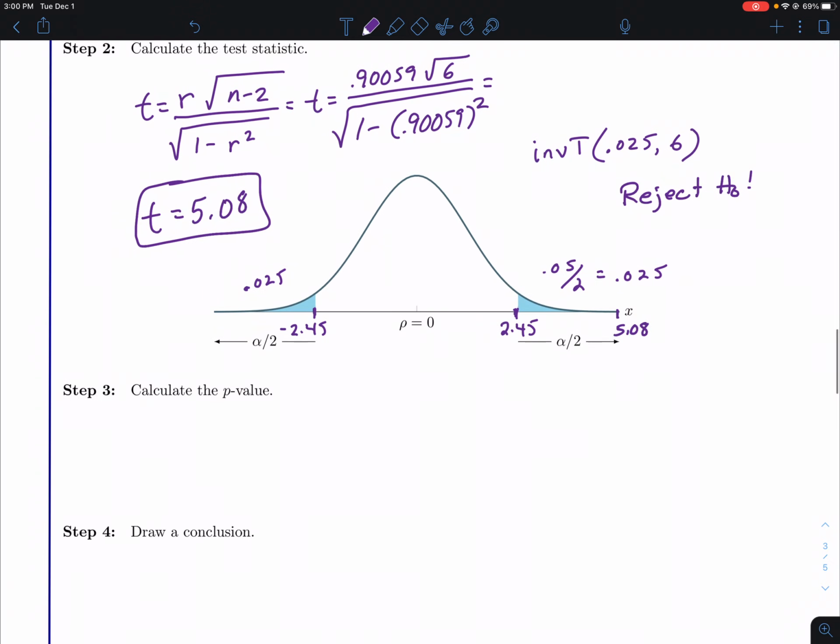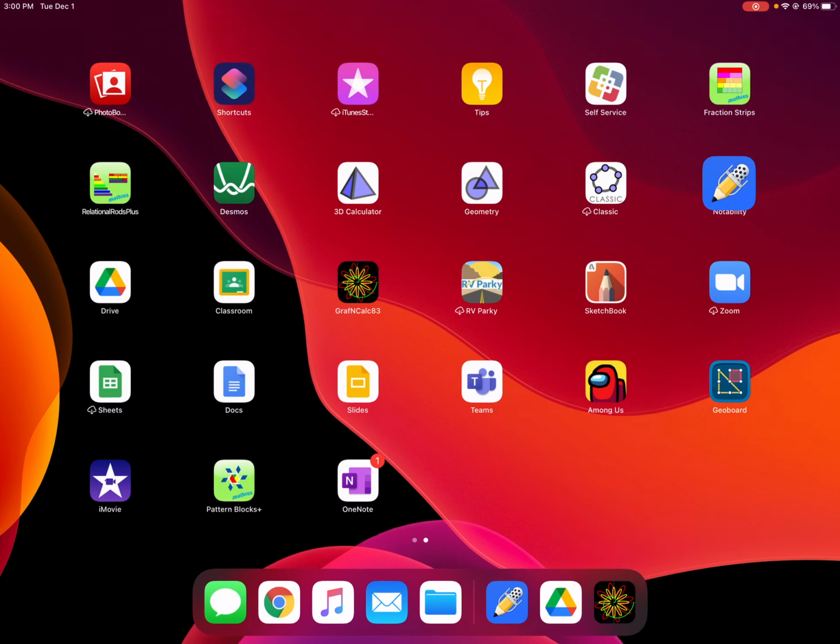In this case, what we're going to do is 2 times tcdf. Our value is already positive, so we don't have to worry about doing the absolute value. Then 100,000, comma, our degrees of freedom, which were 6. Let's do this in the calculator.